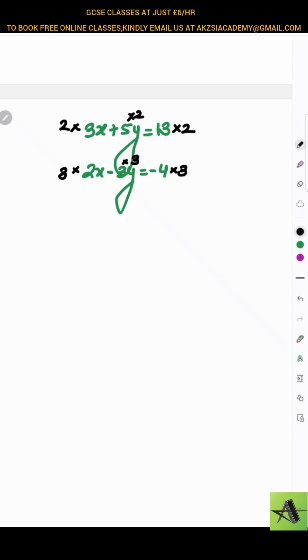So in the previous question, you can see we multiplied only the bottom equation, but this is not a necessary thing. It's not mandatory. You can multiply both equations as well, just like we did here. So my final equations will become 6x plus 10y equals 26, and the bottom one will become 6x minus 9y equals minus 12.